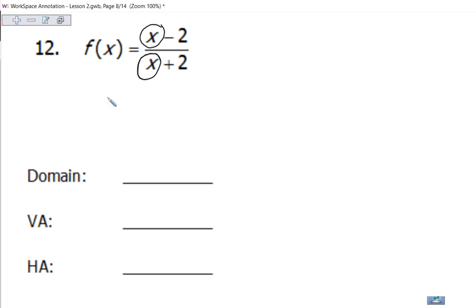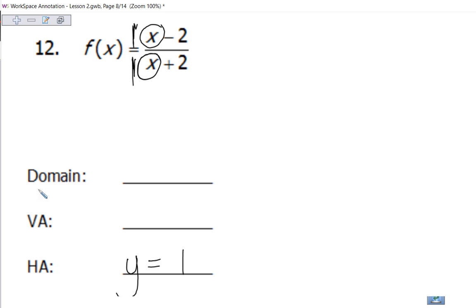So for the horizontal asymptote, this would be y equals the ratio of the coefficients. What number's in front of the x? A 1. What number's in front of the x? A 1. So it would be y equals 1 over 1, which is just 1. So y equals 1 is the horizontal asymptote. Now the domain and vertical asymptote are the same as we've been doing.